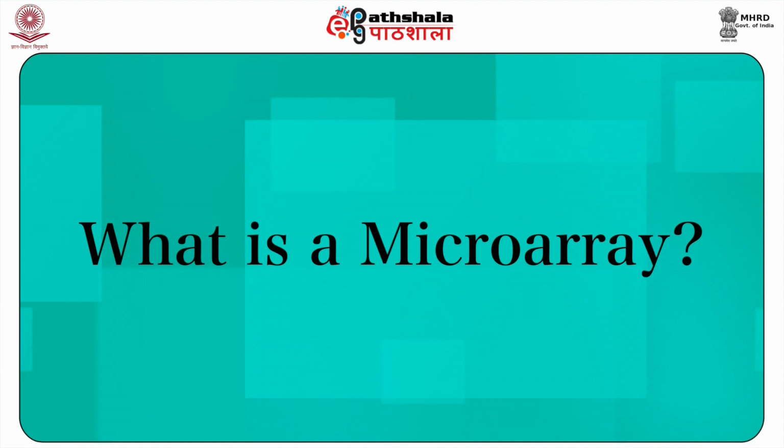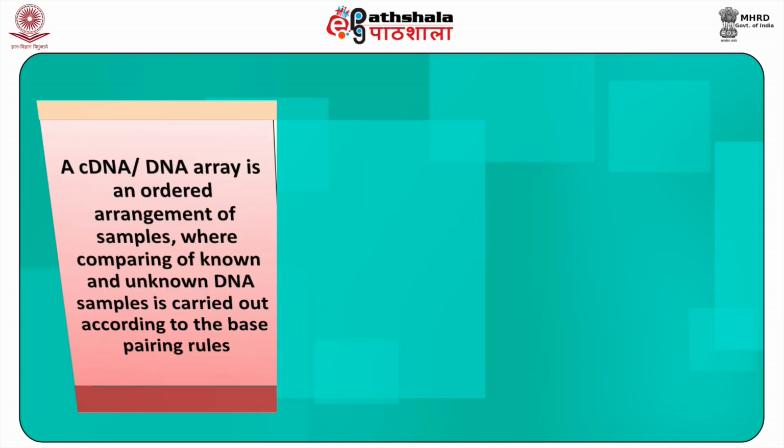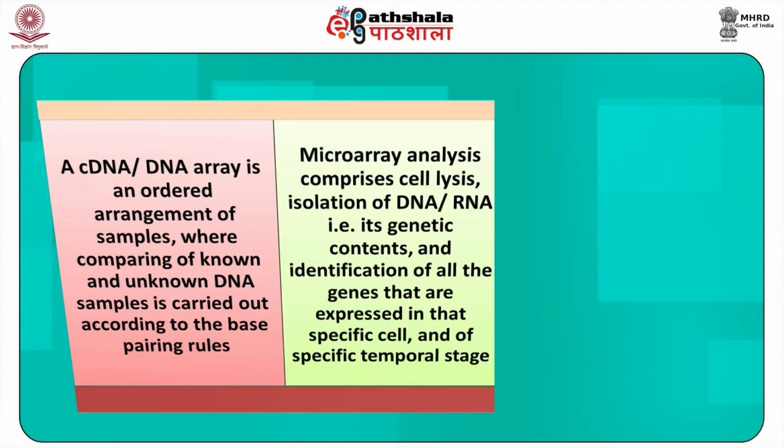What is a microarray? A cDNA or DNA array is an ordered arrangement of samples where comparing of known and unknown DNA samples is carried out according to the base pairing rules. Microarray analysis comprises cell lysis, isolation of DNA or RNA, that is its genetic contents, and identification of all the genes that are expressed in that specific cell and of specific temporal stage.